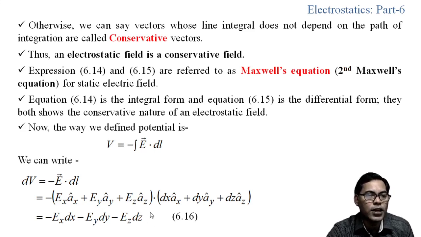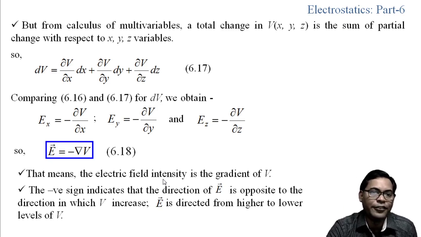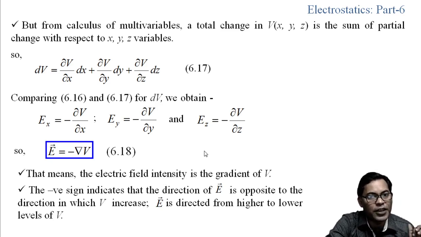Now according to the calculus of multivariables, if we consider a parameter V, its total change is the sum of partial changes with respect to x, y, z variables.